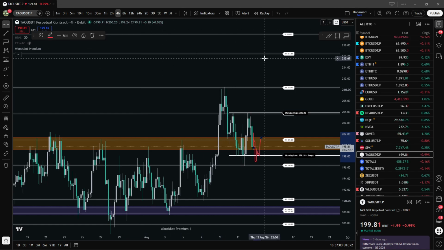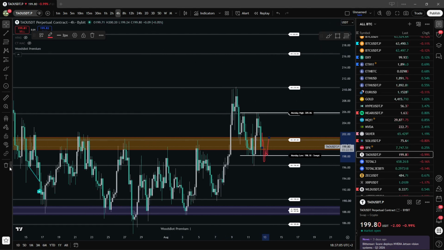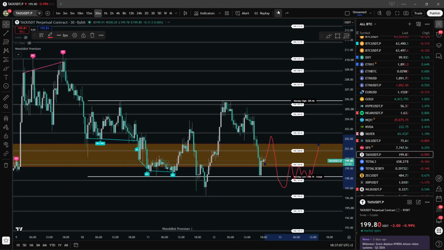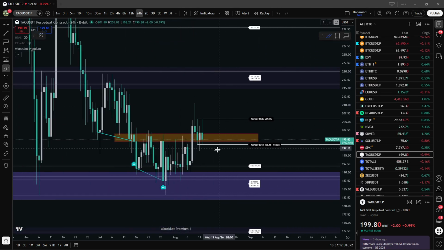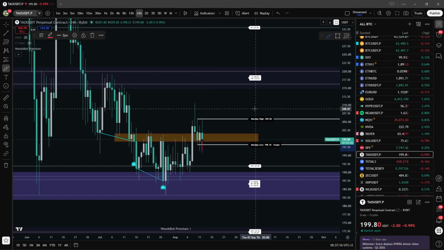And if you see price action actually close the daily candle below the support, this would be looking really bearish. As long as it holds this support, it's completely fine. I would look for more upside.